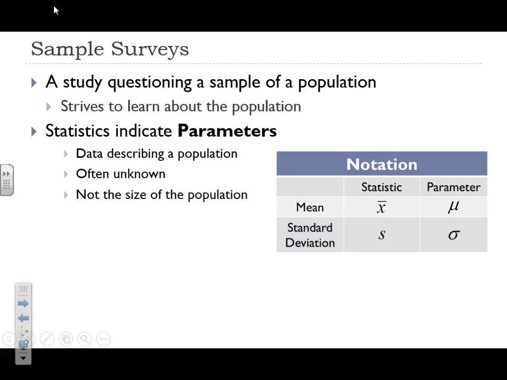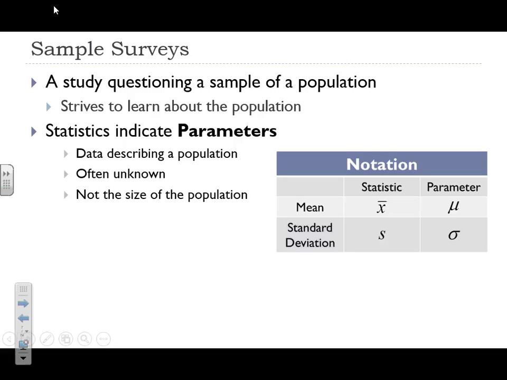So that can sometimes be a giveaway too. If they give you a situation and they report that mu equals 26, for instance, the fact that they used mu means it's a population value. It's a parameter. If they report the standard deviation and say S equals 2.76, S tells us it's a sample, which means it's a statistic.